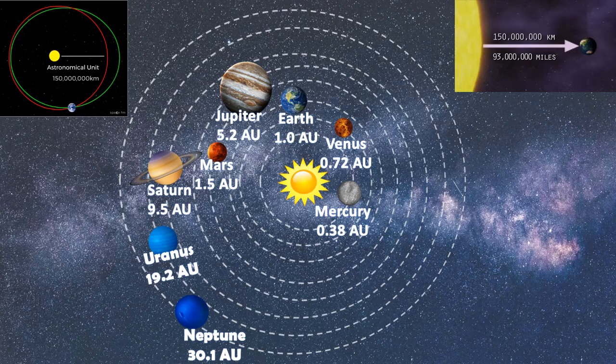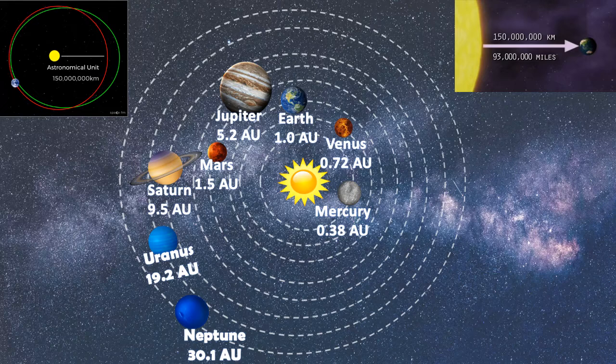We all know that the Sun is the center of the solar system, and there are 8 planets in the solar system. The first is Mercury, the closest planet to the Sun. The distance of Mercury from the Sun is 0.38 astronomical unit. The second planet is Venus, the hottest planet in our solar system, at a distance of 0.72 astronomical unit.